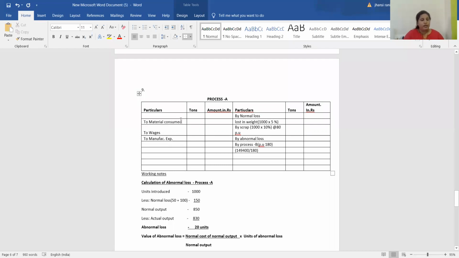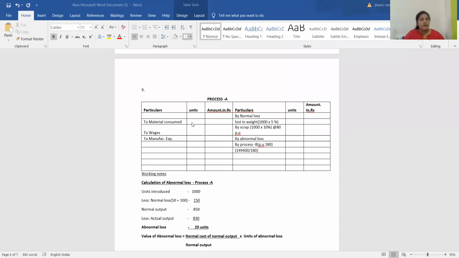They have given it in units, not in tons. So we write the headings: particulars, units, and amount in rupees. So this is our heading.